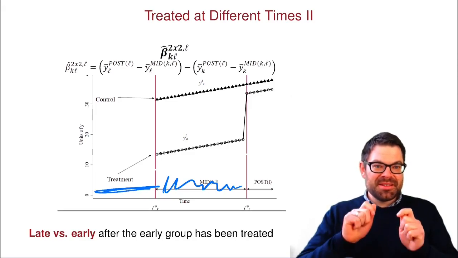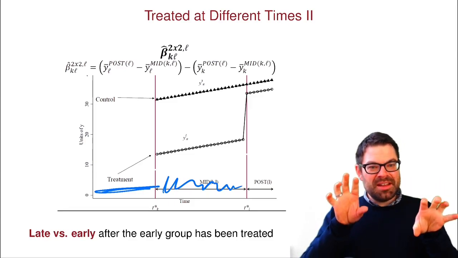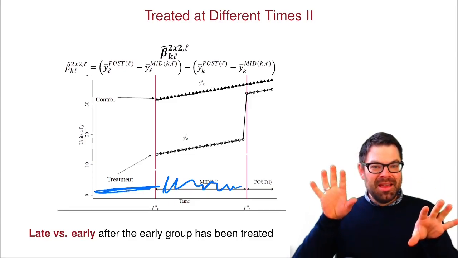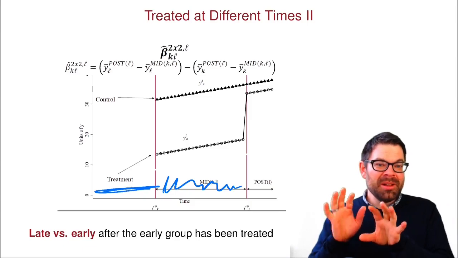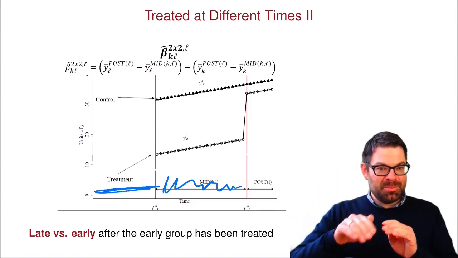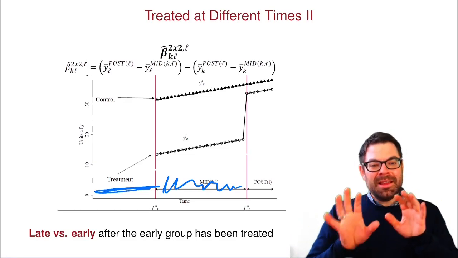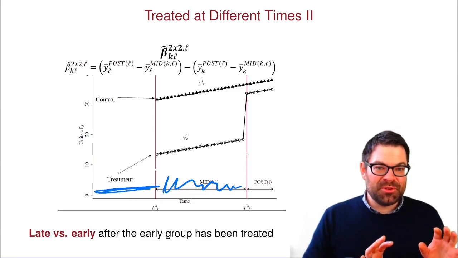And when you take any two units that have been treated at a different time, in some parts of the sample the early adopters are a control group for the late adopters. That's what you see here. And in other parts of the sample, the late adopters are a control for the early adopters.